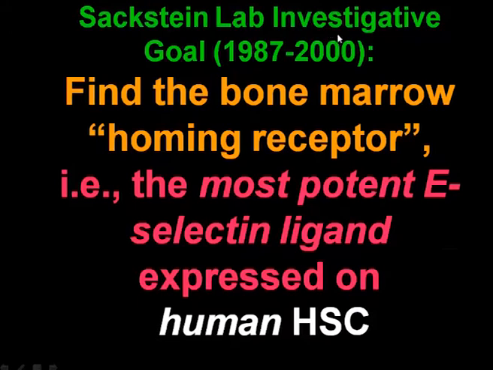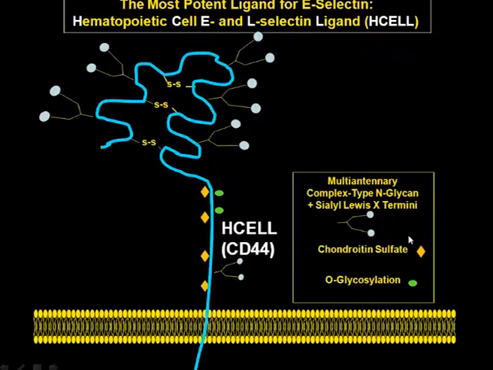So our laboratory goal from 1987 to 2000 was to find that bone marrow homing receptor, that is, the most potent E-selectin ligand expressed on hematopoietic stem cells. And all our biochemical studies over that period of time ultimately led us to identify that molecule, and that molecule is called hematopoietic cell E and L-selectin ligand, as shown in abbreviated form, HCELL.